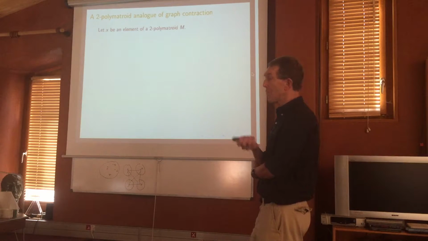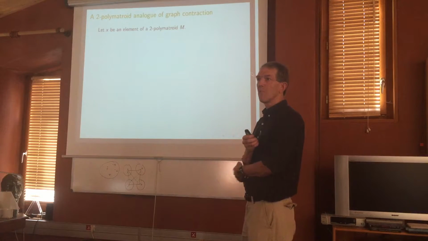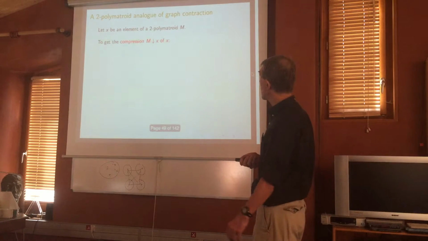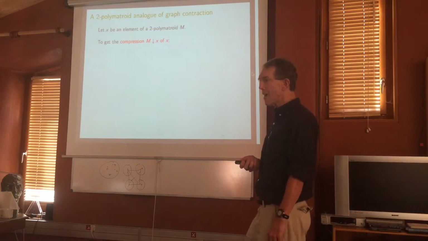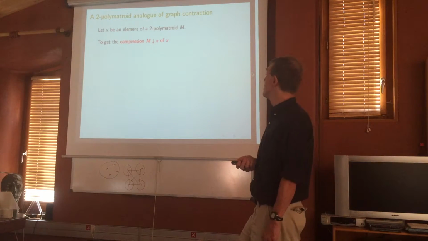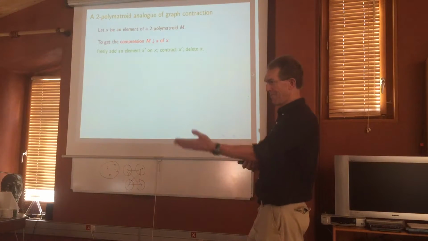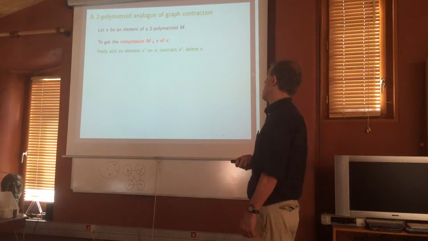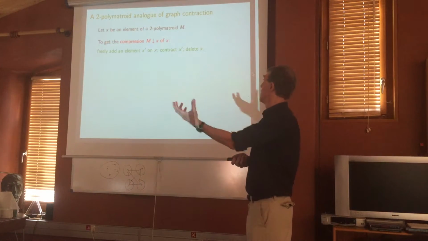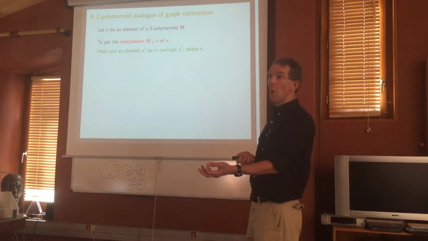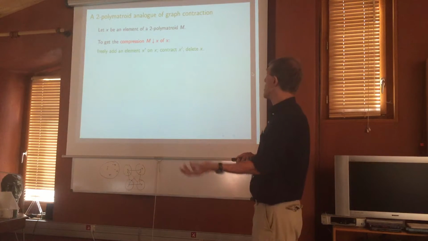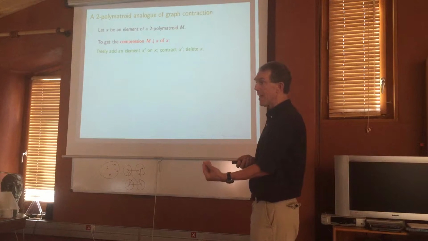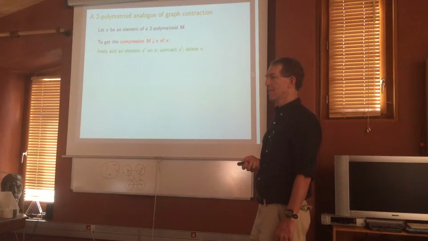Take an element. So Rudy's anticipated this. We want something that will be like graph contraction. How would you do it? We call it compression. Follow just what Rudy said. Freely add an element on the element x. Now x might be a point, or it might even be a loop. Let's think of it as being a line because that's a really interesting case. Contract that element out and then delete the thing.